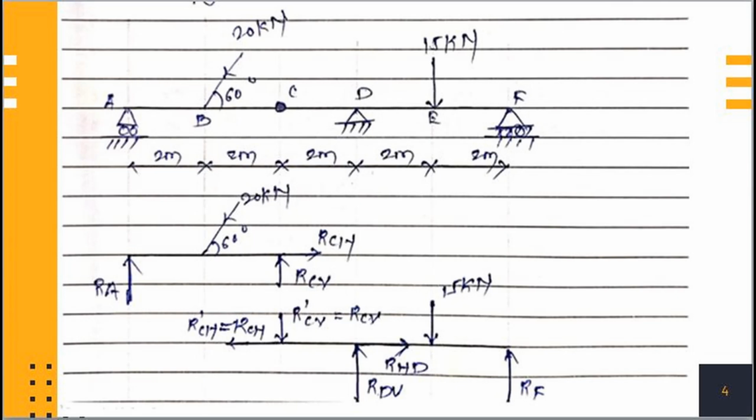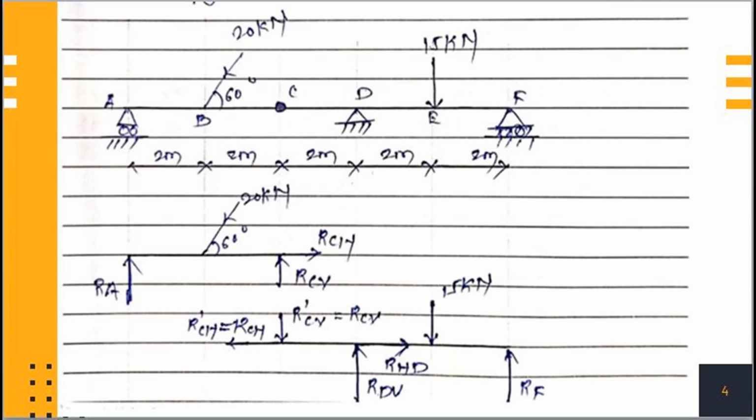We will resolve the 20 kN force into two mutually perpendicular components as 20 cos 60 and 20 sin 60. Also we have to resolve the inclined force RC into two mutually perpendicular components, the horizontal component RCH and the vertical component RCV.